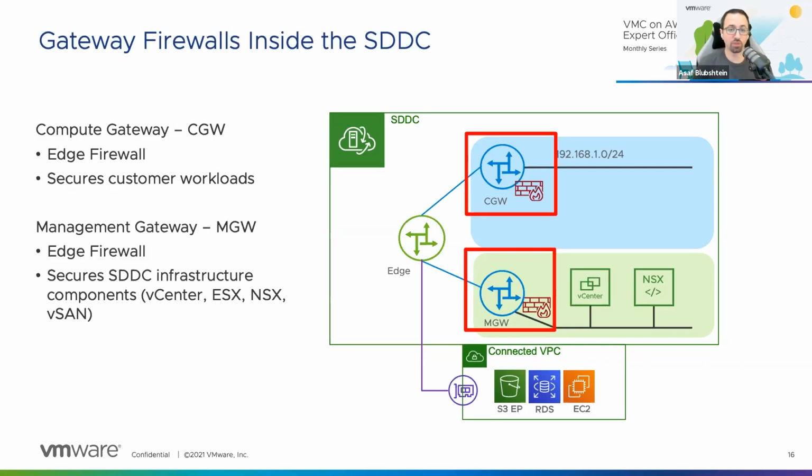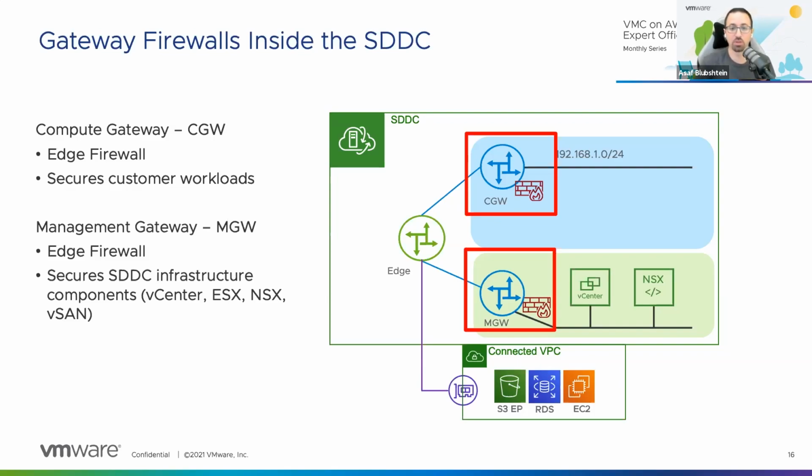Each of those tier one routers also has a gateway firewall of its own that controls connectivity to these specific workloads. The important thing is that this controls only north-south traffic from workloads that are behind that tier one router to workloads or any destinations outside of that tier one router.